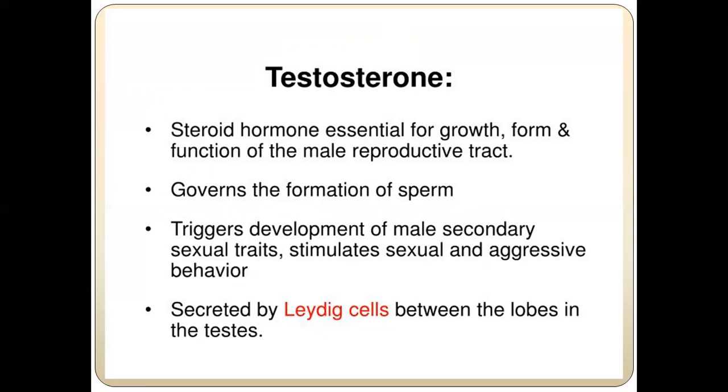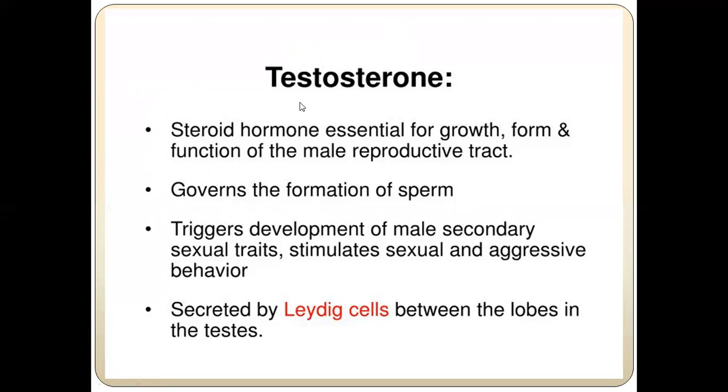The anterior lobe of the pituitary gland will secrete the hormone called trophic hormone, and that trophic hormone will stimulate the gonads. In the male, the gonad is the testis, and the testis secretes testosterone.